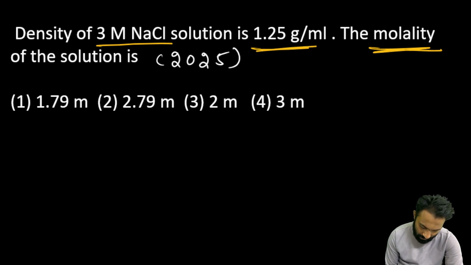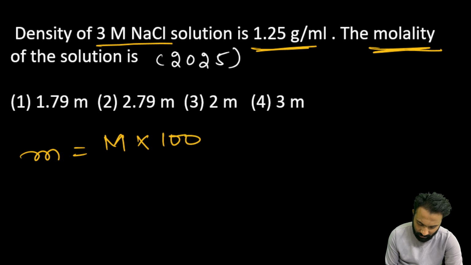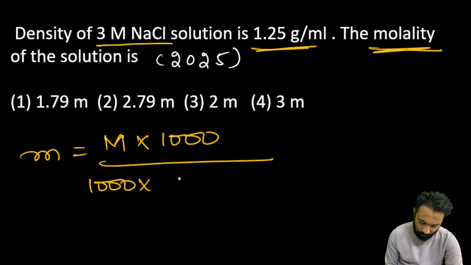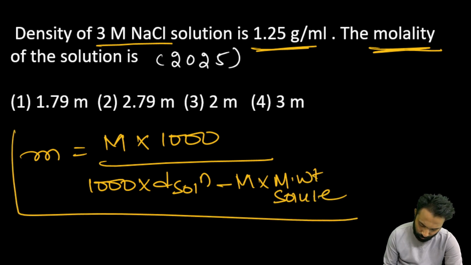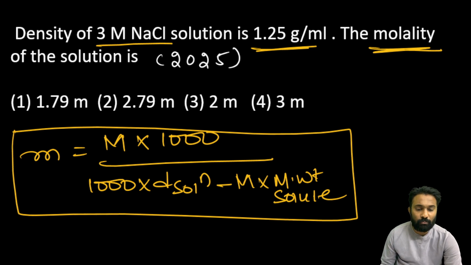Directly put molality is equal to molarity into 1000 by 1000 into density of solution minus molarity into molecular weight of solute. Directly put this formula and put the values.